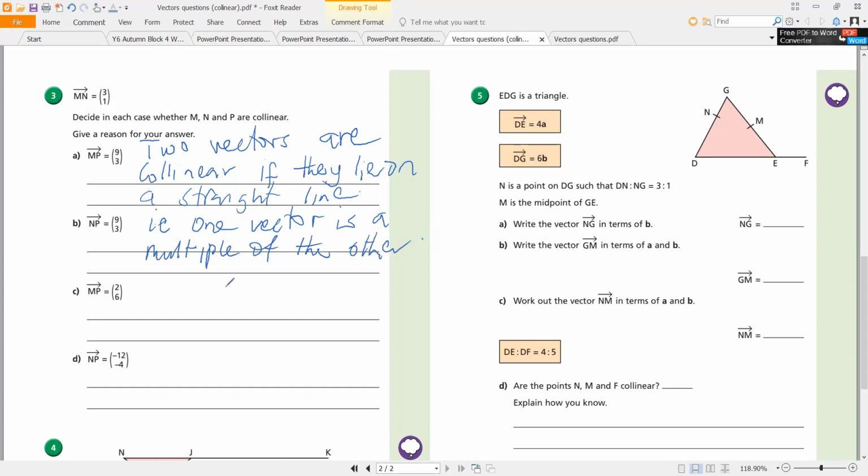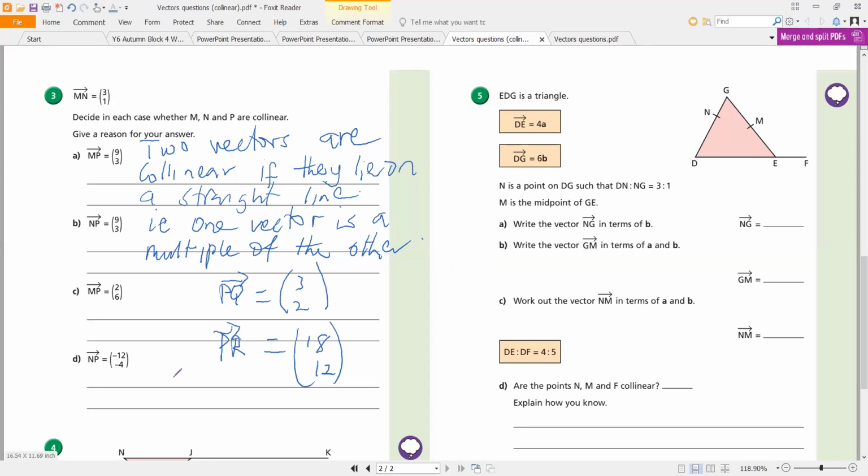So, for example, if I have the vector PQ to be (3, 2), and I have the vector PR to be (18, 12). What do you notice?